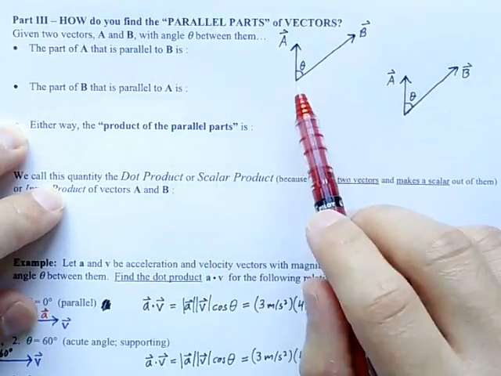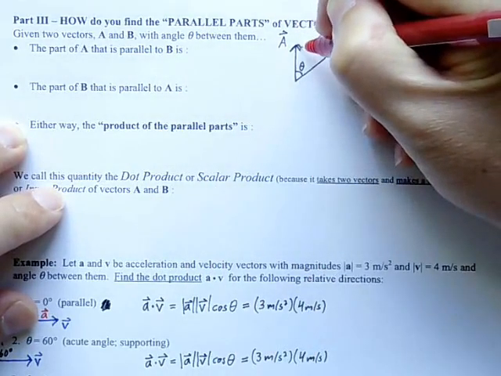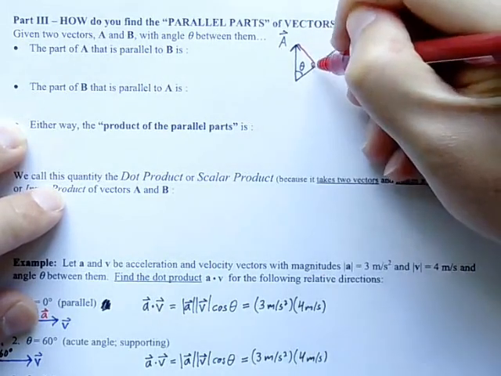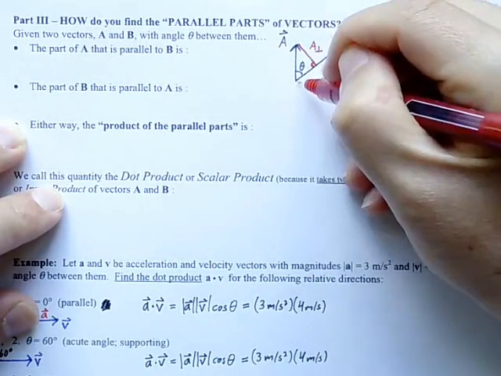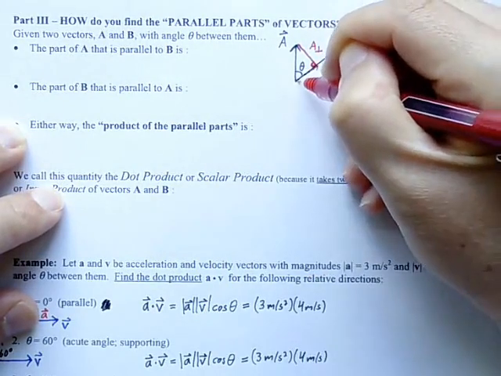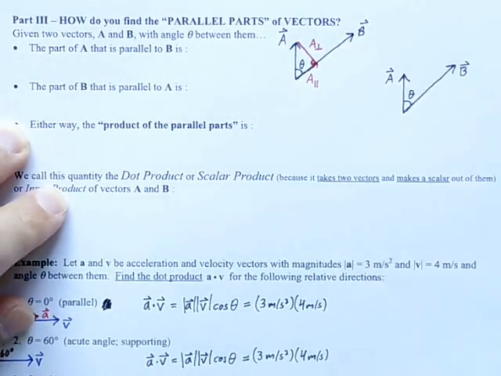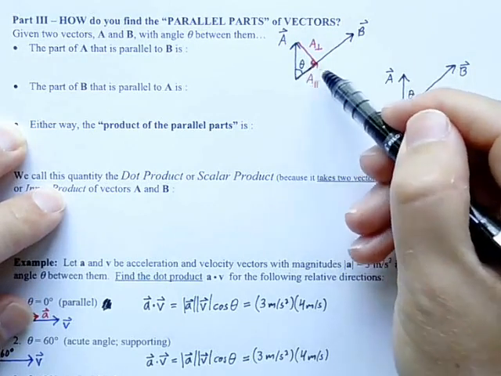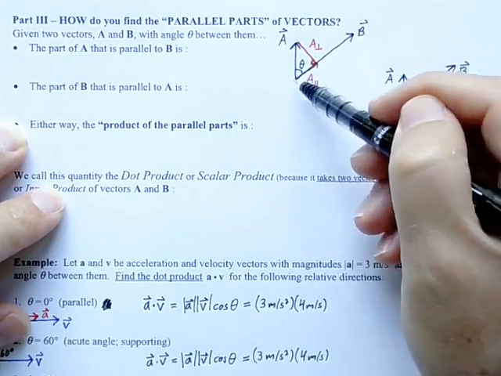So let's take vector A and break it into components. Make it the hypotenuse of a right triangle with one leg perpendicular to B, call that A perpendicular, and then a leg here parallel to B, call that A parallel. And we see that A parallel, that's the part of A that's parallel to B, the part of A that's working in the same direction as B, that leg right here.